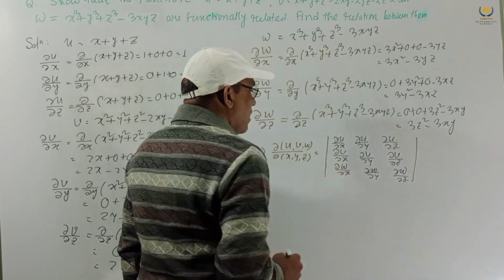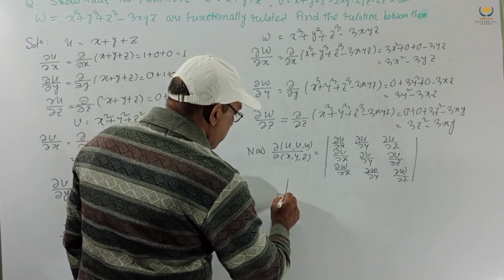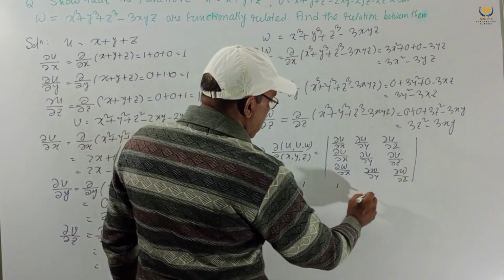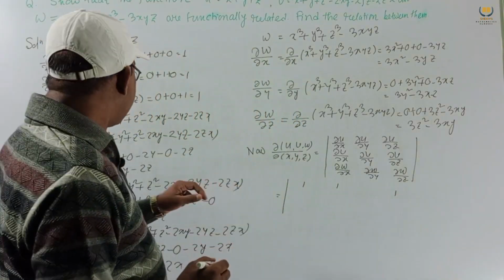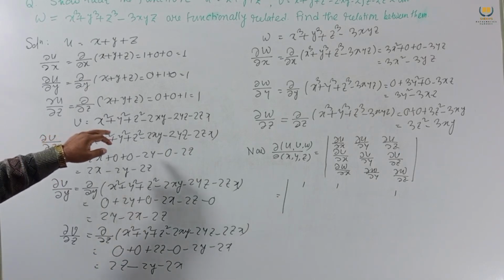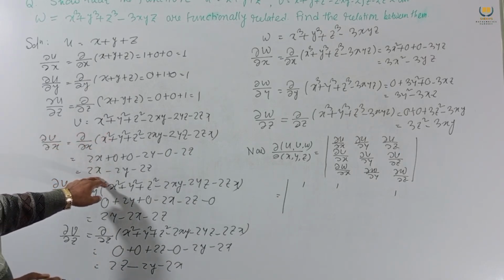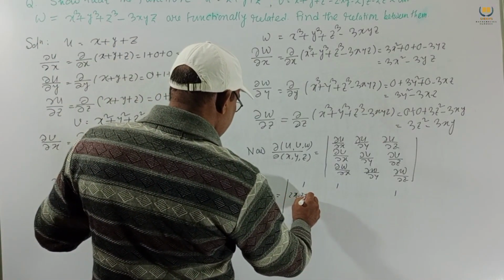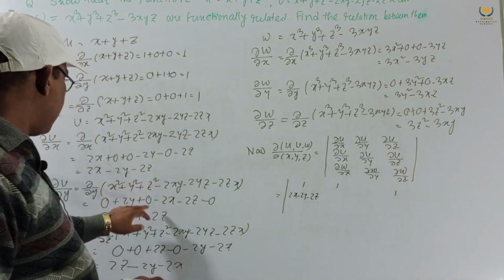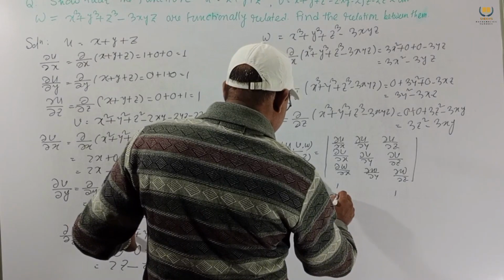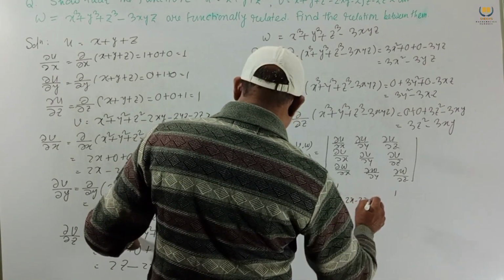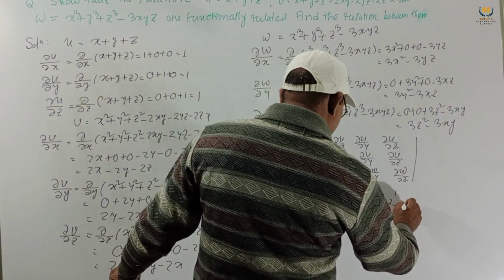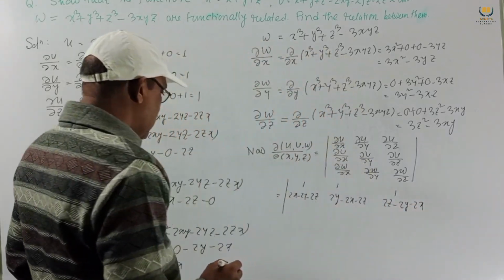Putting in the values, the first row is 1 1 1. Then del v del x is 2x minus 2y minus 2z, del v del y is 2y minus 2x minus 2z, and del v del z is 2z minus 2y minus 2x. So v is over.